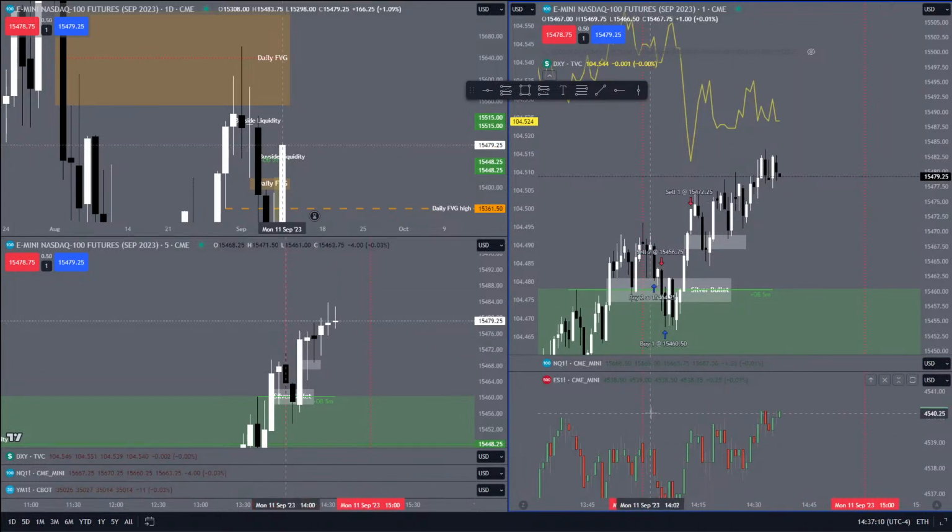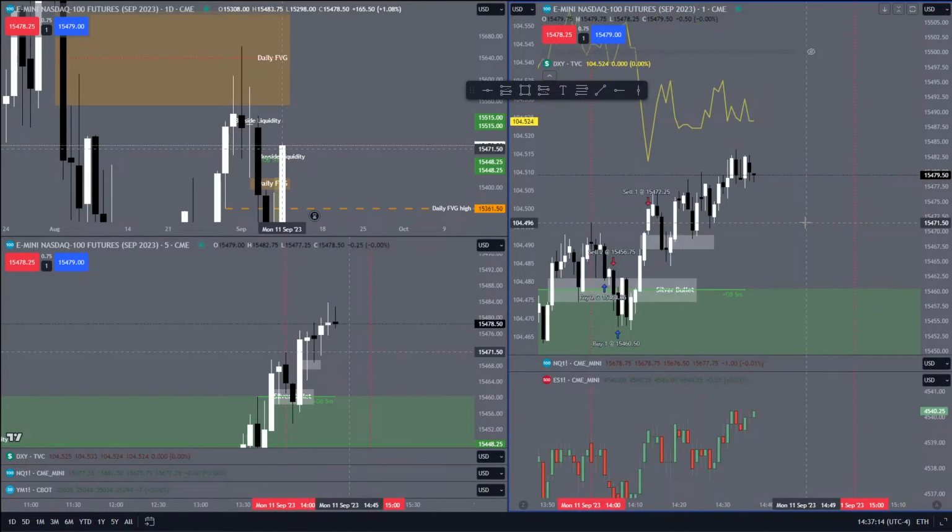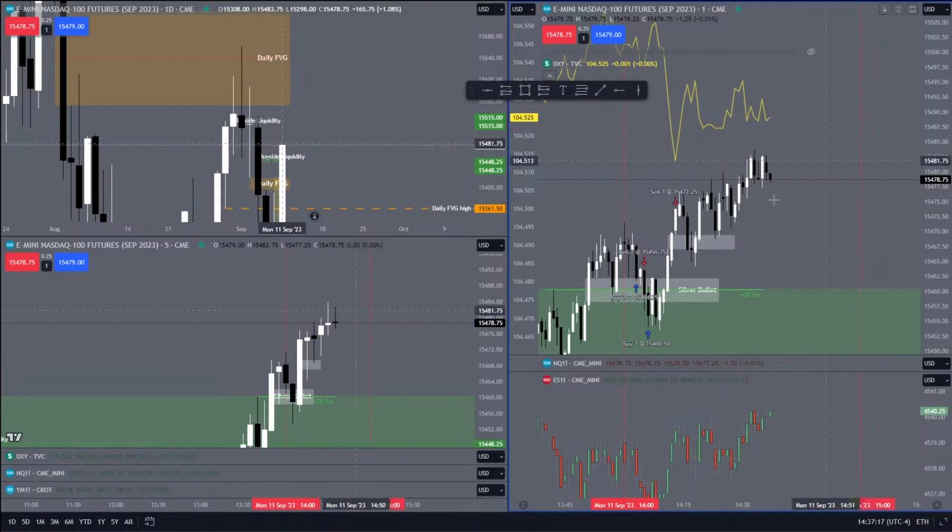ES and NQ still climbing. It's very sloppy though.